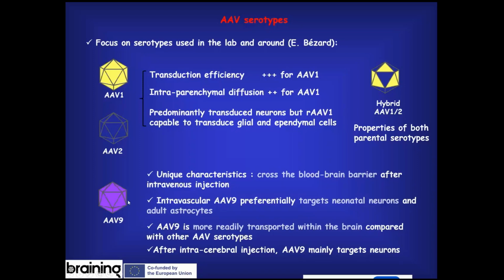So you can see that one serotype, according to the way of injection, can target what you want. And if you combine this with a cell type specific promoter, you can really get, for example, adult astrocytes or newborn neurons. You can really infect what you want by playing with the serotypes, the capsids, and specific promoters.